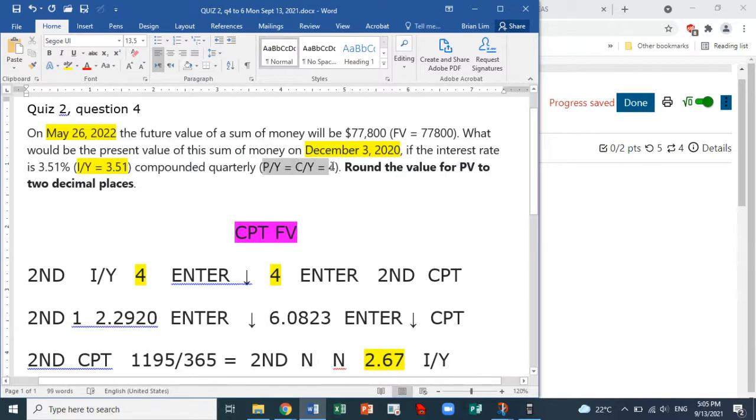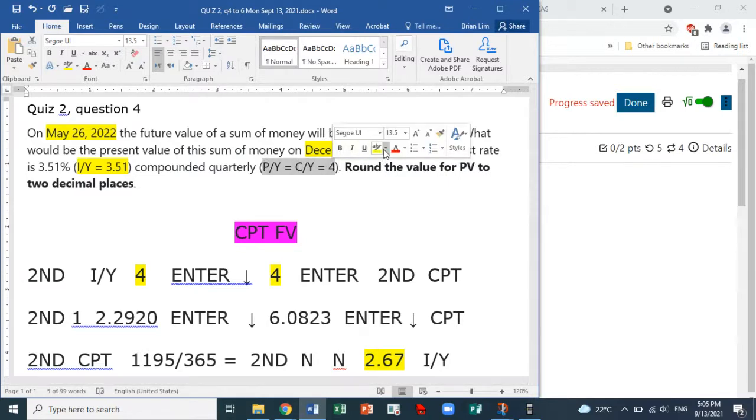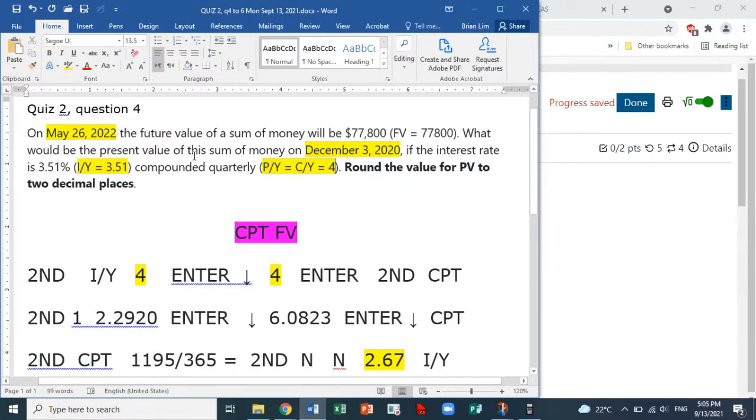Okay, so we need to compute the present value. It's quarterly, so these 4s will remain.